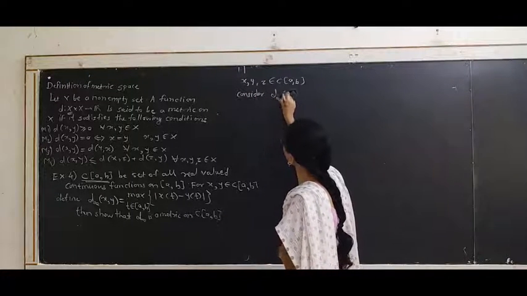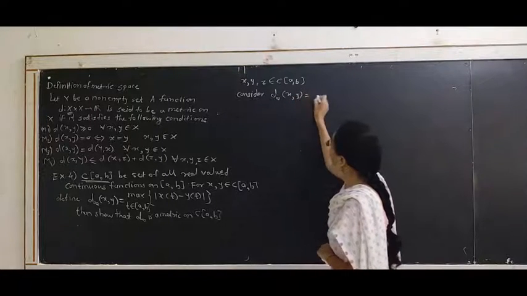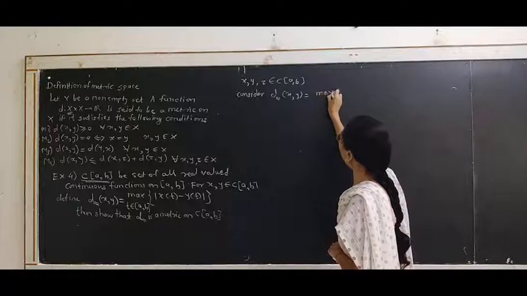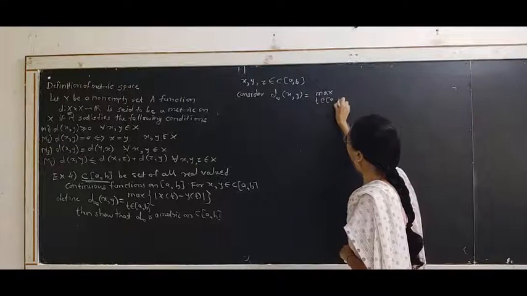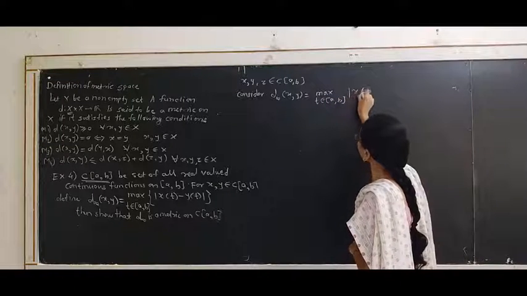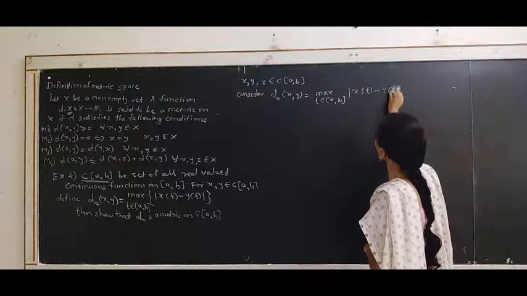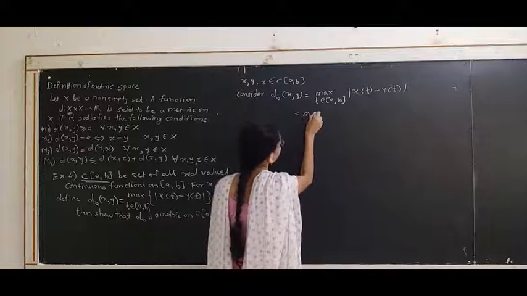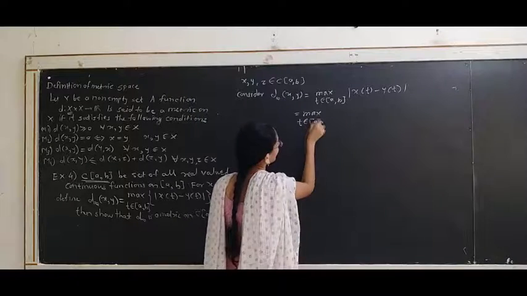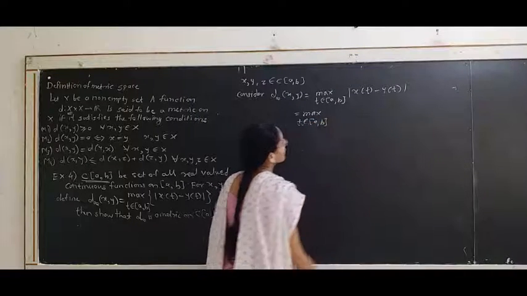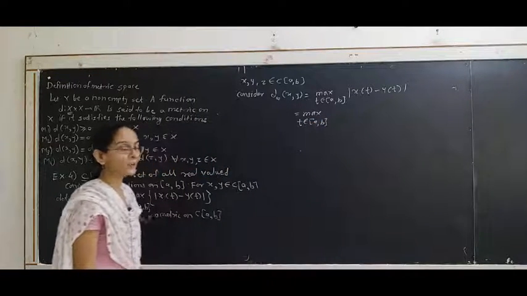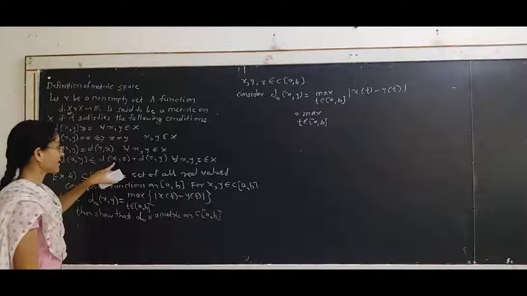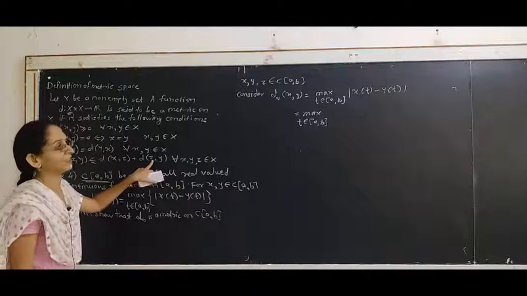Consider d of xy, given that it is the maximum over t belonging to AB of mod of x of t minus y of t. We want to show that it is less than or equal to d of xz plus d of zy.